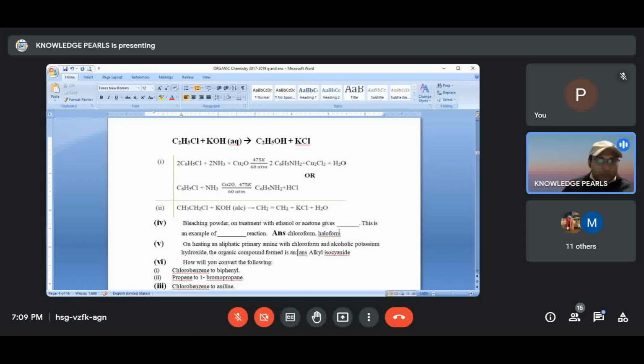Now if you go to the book, any book you take, a New Course book, or ABC, or Nutan, or any other book, there are a lot of exercises in the book.